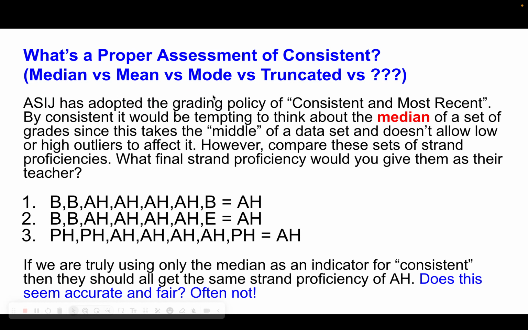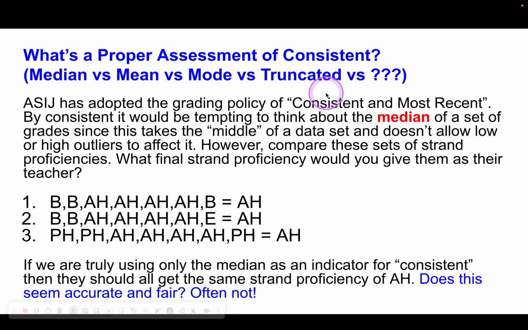Like if you have 4 B's and a couple P's and a couple PH's, because you had 4 B's, that's the most, so you're going to get that B. So right away I can eliminate the mode and say the mode is not a good indicator of average in our situation.